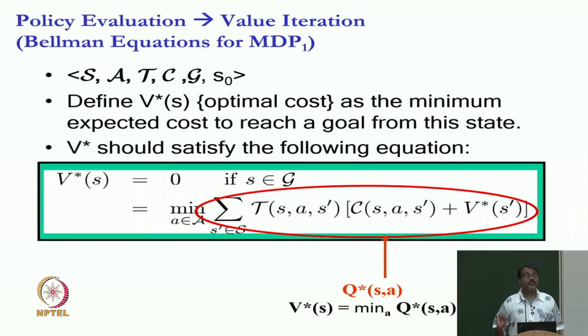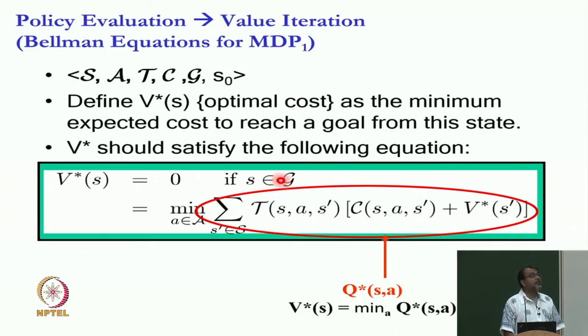What would be V star of S? It is the maximum expected discounted reward starting in state S. Second change, will I have this base case?